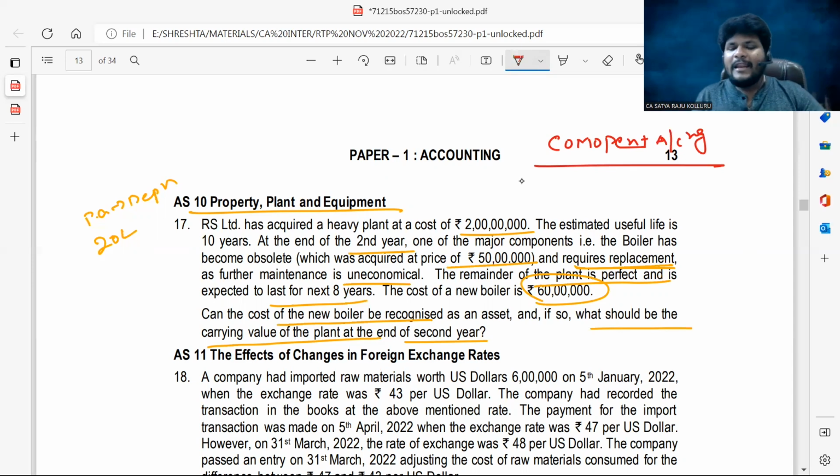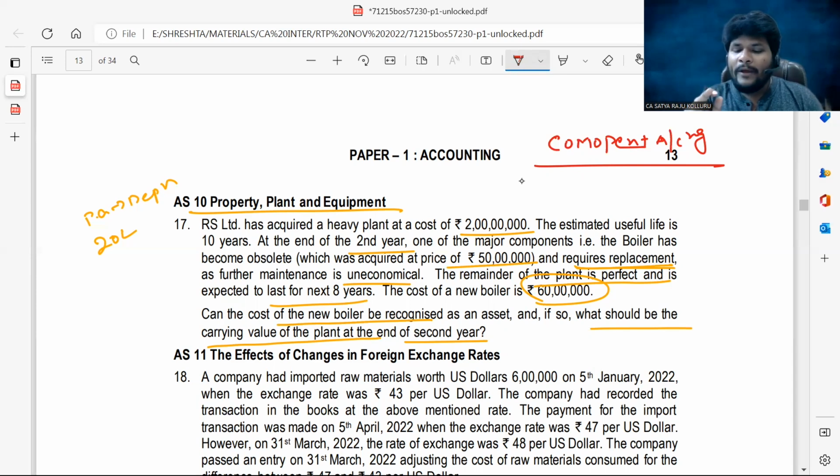If you really remember the provisions of Accounting Standard 10 PPE, if any particular component has major economic value compared with the other components, then that specific part can be treated as separate PPE. Now, that particular component became obsolete due to certain reasons.